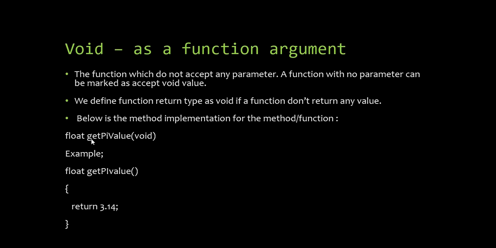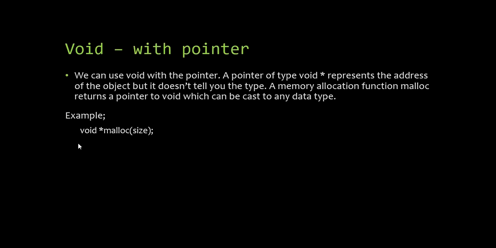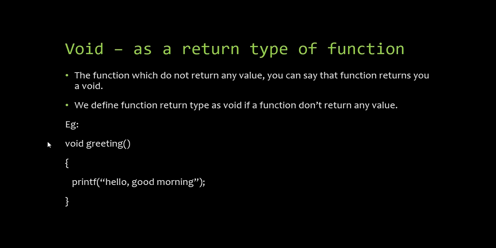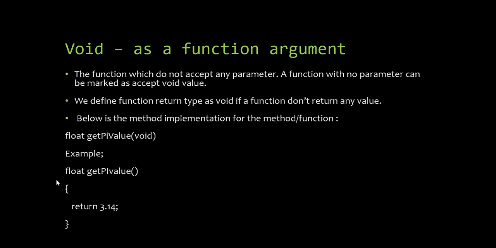Like your previous example, you can see this method void greeting was returning void, that was empty, but over here you can see it is returning float, and it is taking void. You can see the example float get pi value that is blank, and it is simply returning the value 3.14.